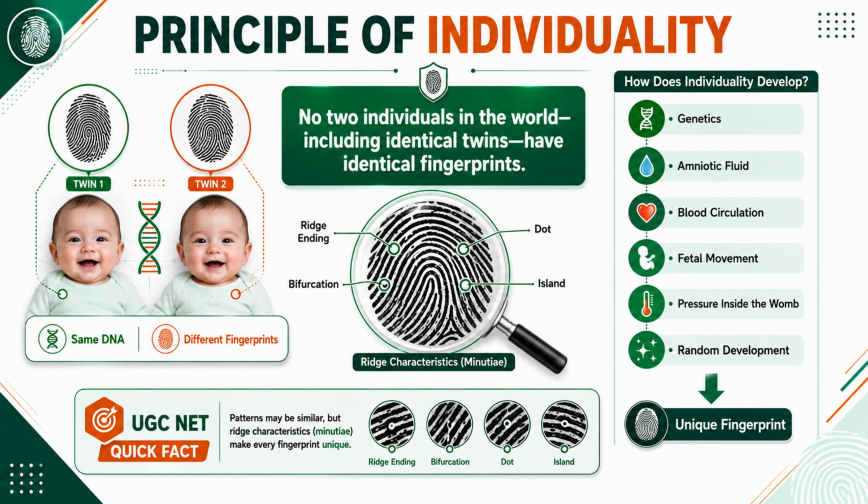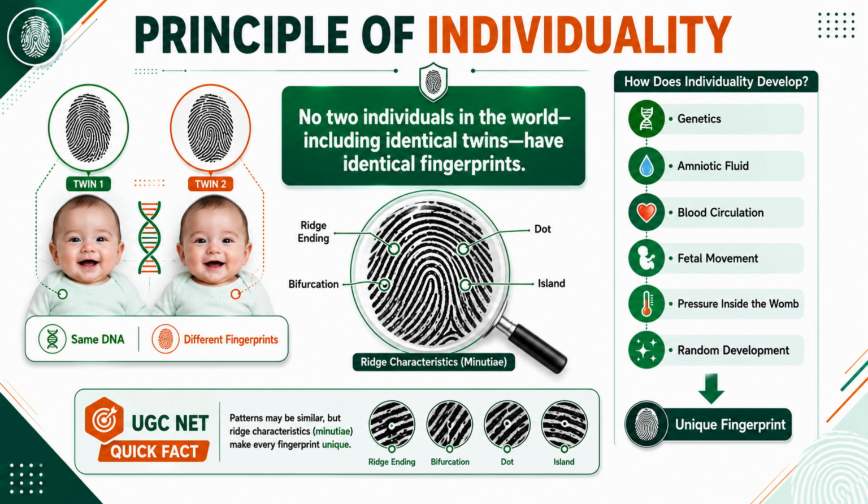Although genetics influences the general appearance of the ridges, it does not completely determine their final arrangement. During fetal development, many tiny environmental factors inside the womb play a role. These include slight differences in pressure within the uterus, the position and movement of the fetus, blood circulation, the amount of amniotic fluid, and countless random developmental events.